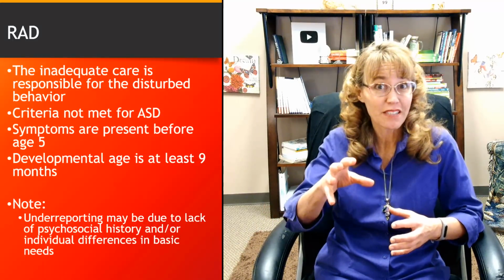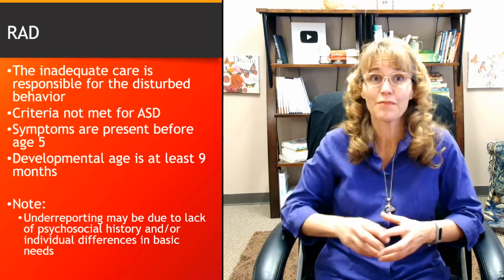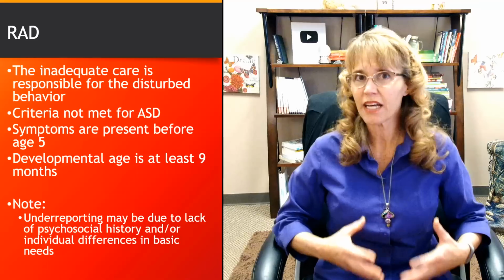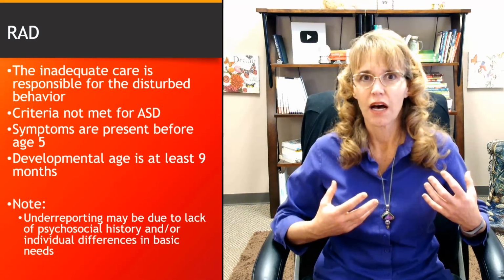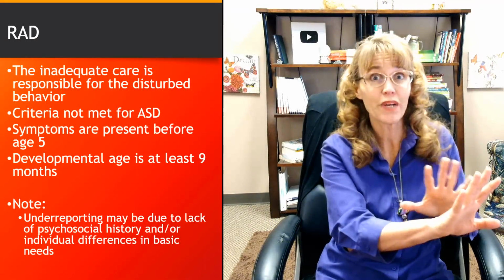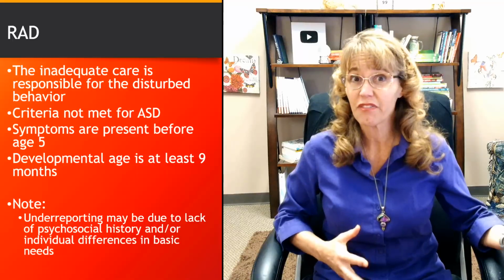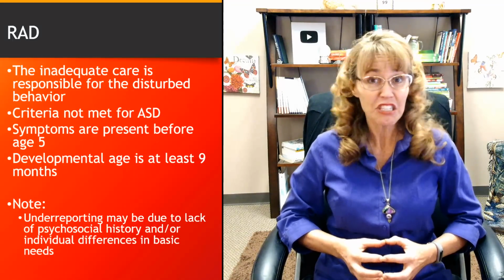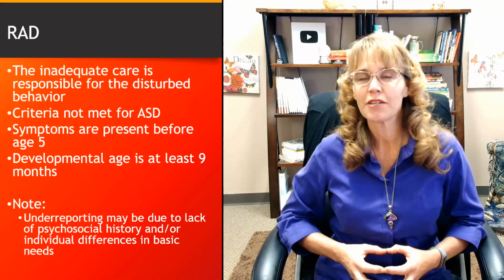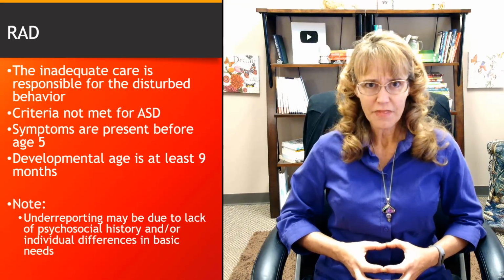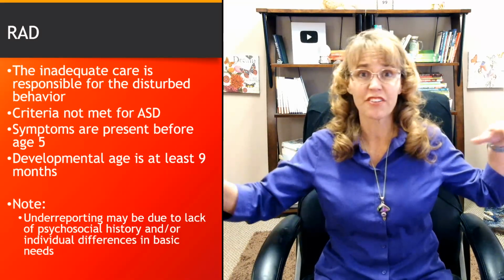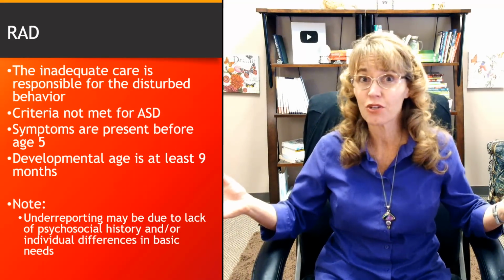The symptoms, remember, we're talking about the symptoms. We may not know whether that child was exhibiting those reactive attachment or avoidant symptoms prior to age 5 because we may not have a good medical history. The child may not have gone to the doctor, or the child may have gone to the doctor, but they just went to random clinics here and there, and they don't have any real set medical records.